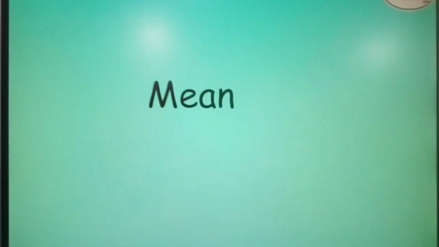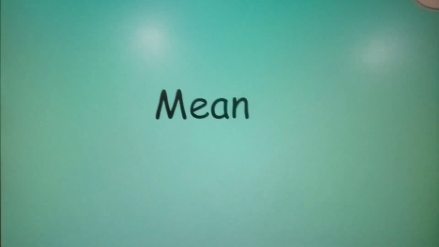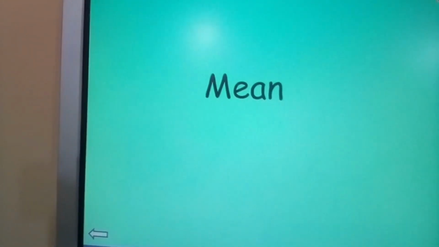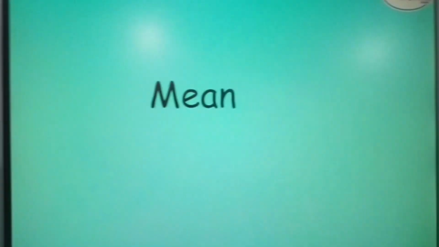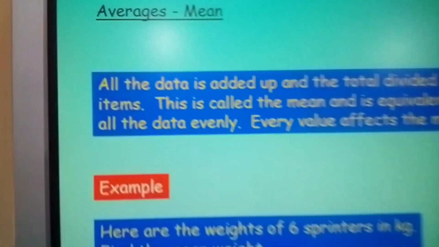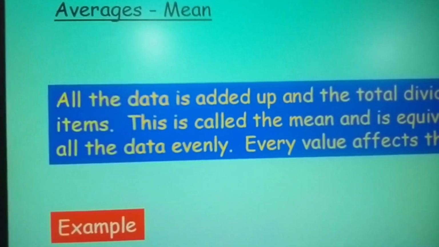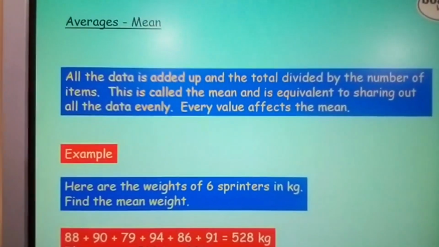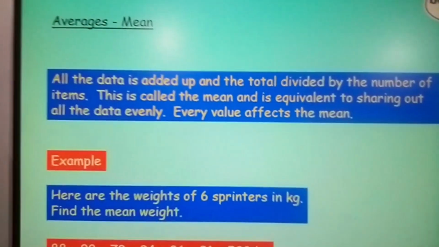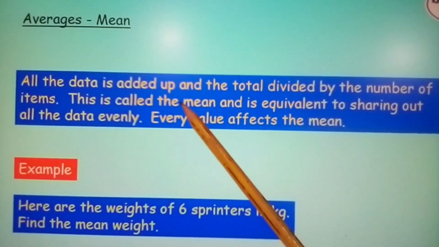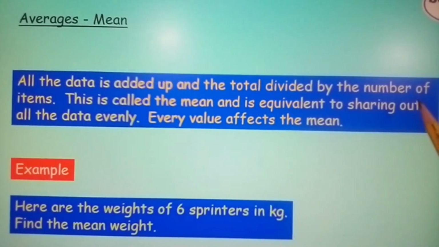Okay. Averages, mean. Now all the data is added up and the total divided by the number of items.